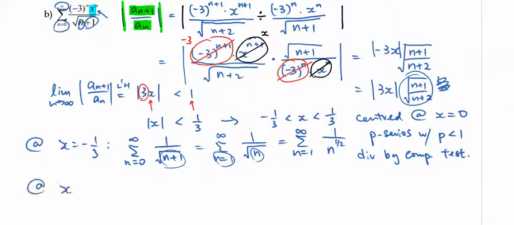We will now try positive 1/3. And once again, substitute positive 1/3 into this series. You should have your series simplify to negative 1 to the power of n over the square root of n plus 1.